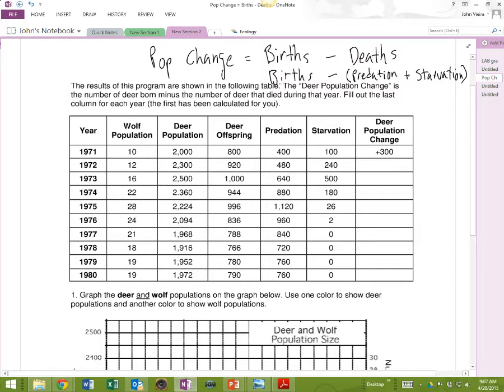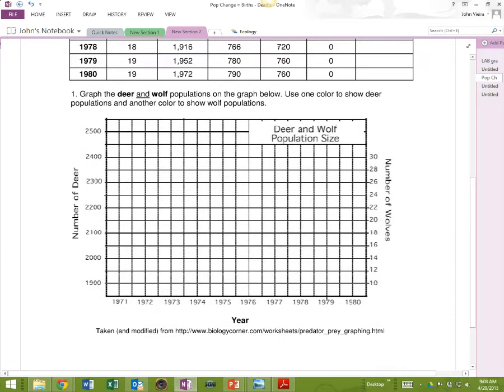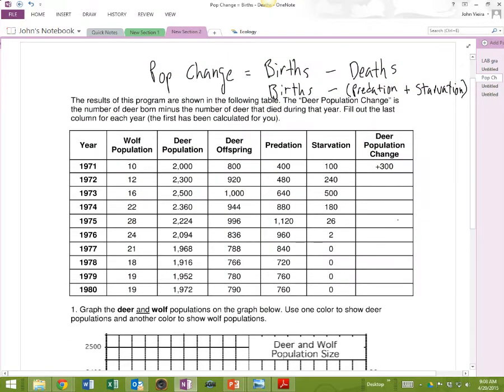So you guys are going to be graphing on this graph the population of the deer and the population of the wolves, based on this graph right here.